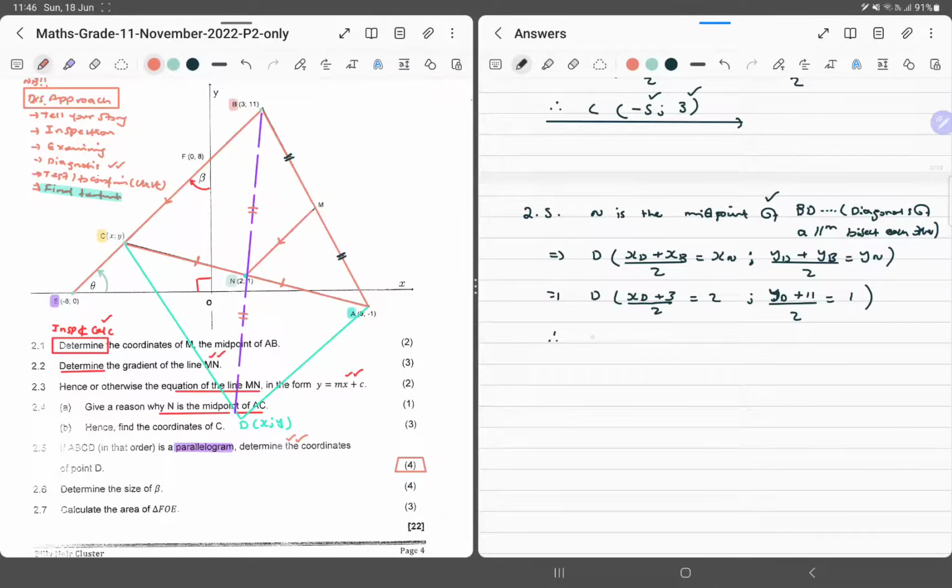So now we can make our conclusion that D is, we cross multiply that 2, it's a 4. We subtract 3, it's a 1.